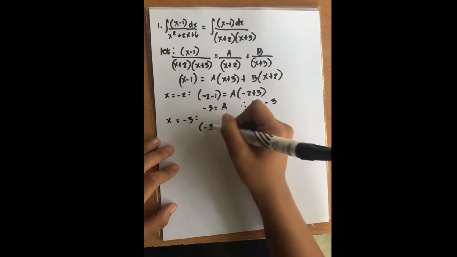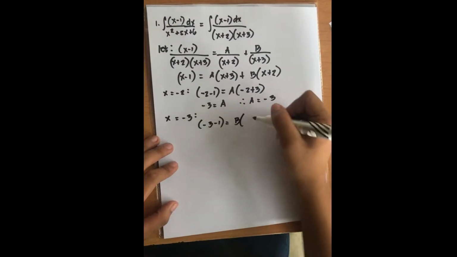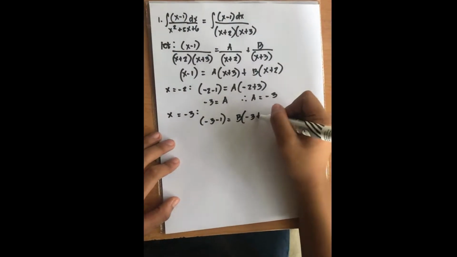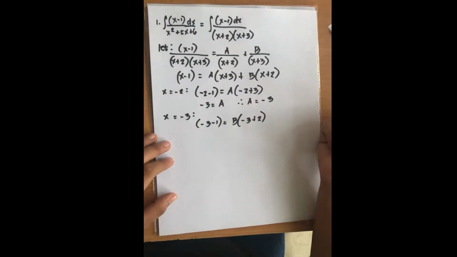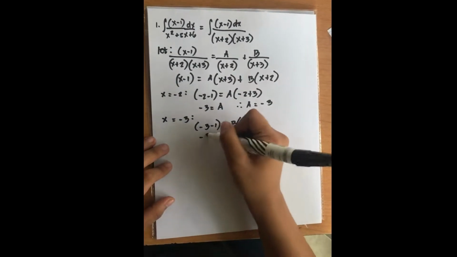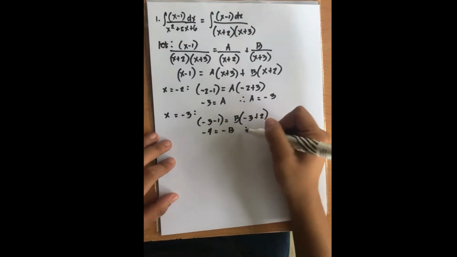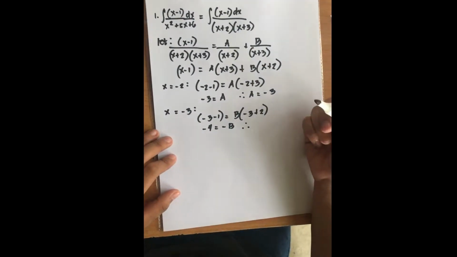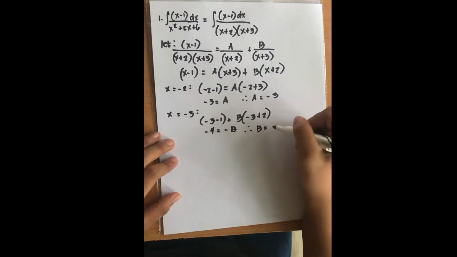Substitute: negative 3 minus 1 equals b times quantity negative 3 plus 2, giving negative 4 equals negative b, therefore b is equal to 4.